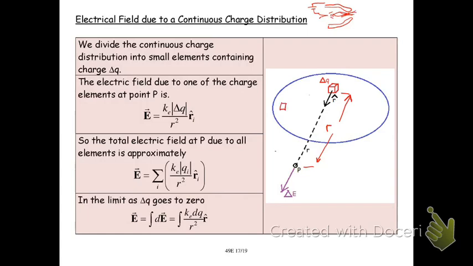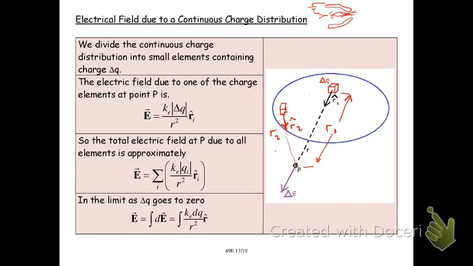This guy over here will have a different unit vector, different direction, and a different distance. So that's r2, and that's unit vector 2, and this is r1, and that's unit vector 1. And we've got to sum them all up. It's going to be a total pain.